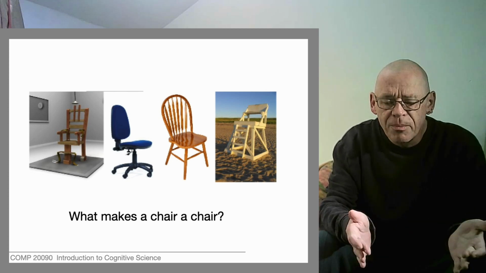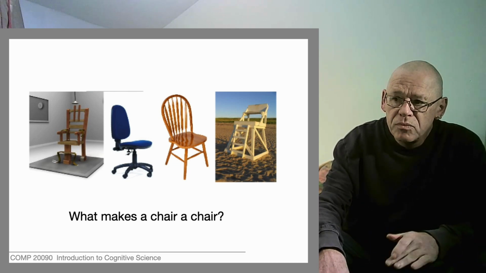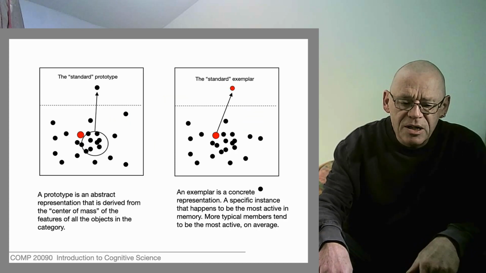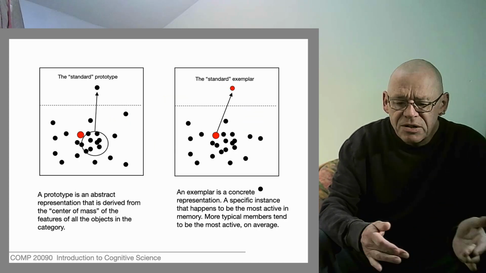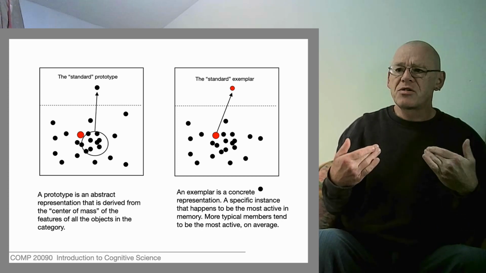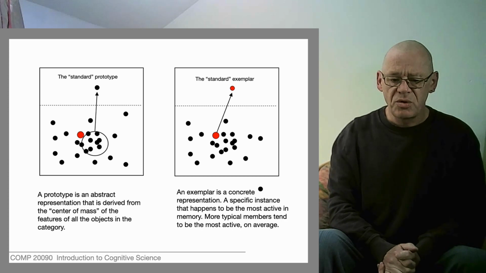So when we encounter something and we give it a name, we're drawing on our past experience. And the way psychologists have thought about this is to suggest that when we meet something new, we compare it, as it were, to things we've seen in the past. And there are 2 basic ways we could do this.